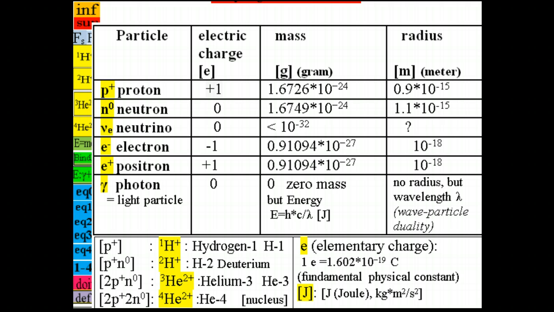If helium has 1 neutron only, it is called helium 3, and if it has 2 neutrons, it is called helium 4, and the 4 means that it has 2 protons and 2 neutrons.